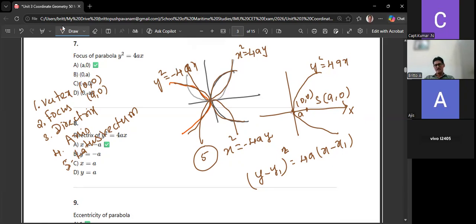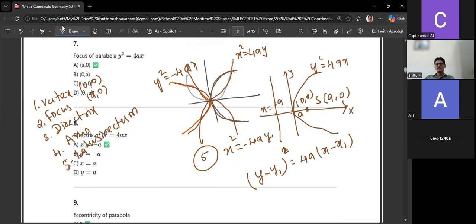The directrix is a line which is parallel to the y-axis. So this is the y-axis, and we draw a line parallel to the y-axis. Now that line must pass through the point x equal to minus a.